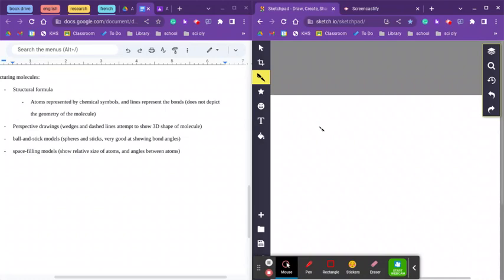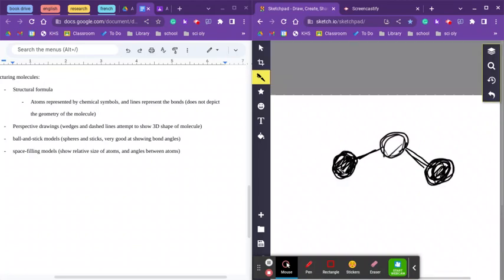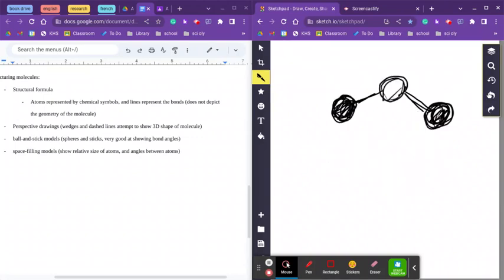Another way is a ball and stick model. You've probably played with them in class before, where it's literally spheres and sticks. This is good at showing the geometries, so this is actually what the angles would look like in a water molecule. And then finally, a space filling model.